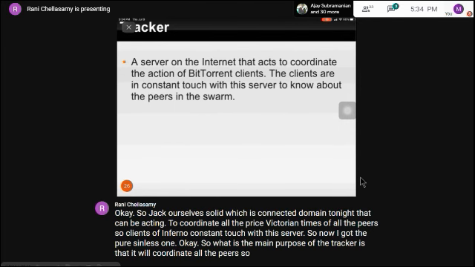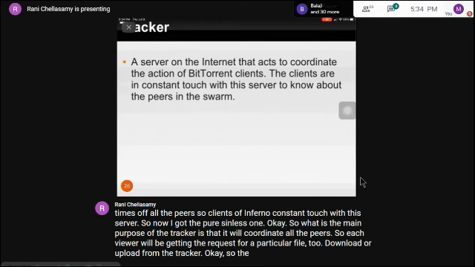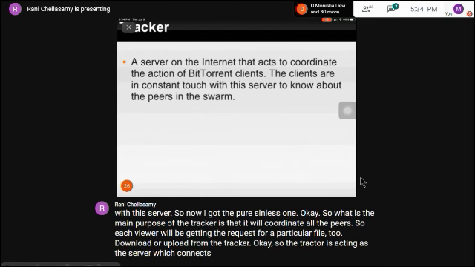Each peer will be getting the request for a particular file to download or upload from the tracker. Okay, so the tracker is acting as a server which connects all the peers.